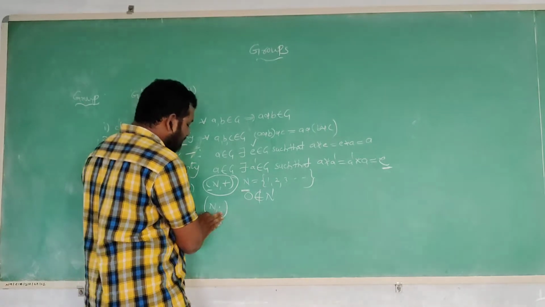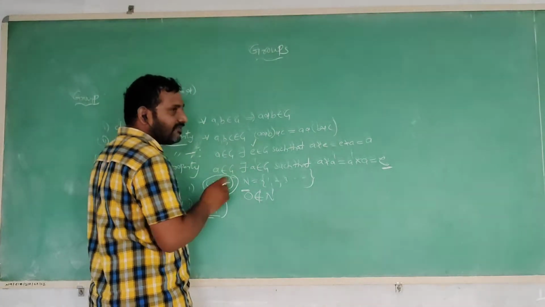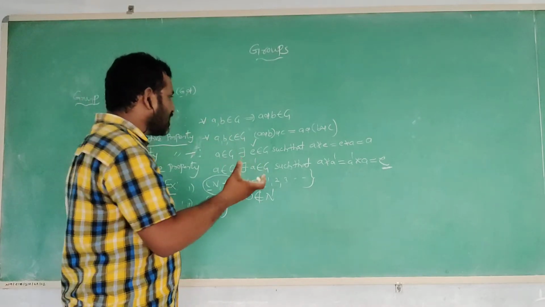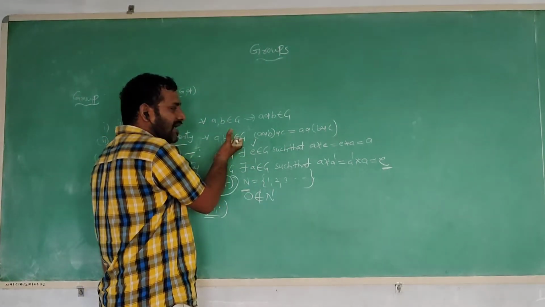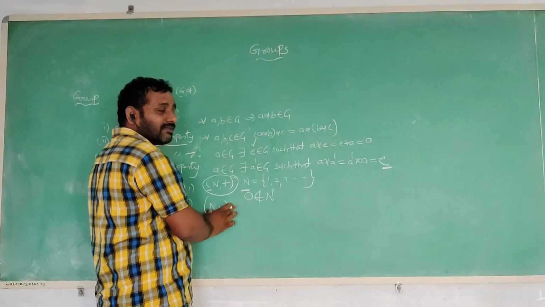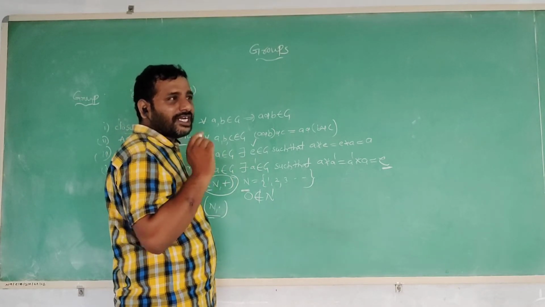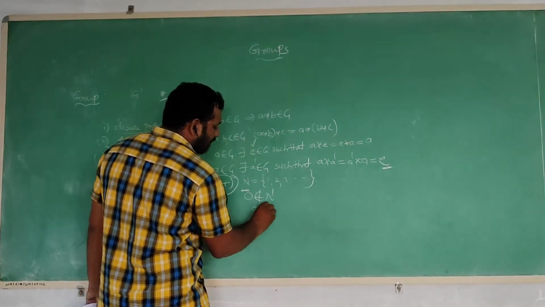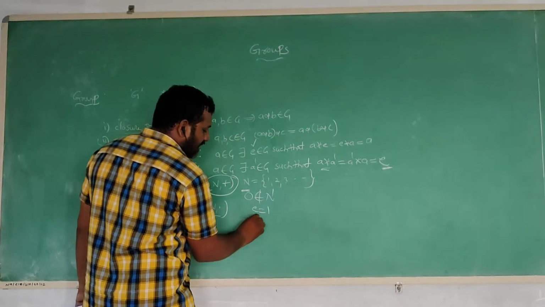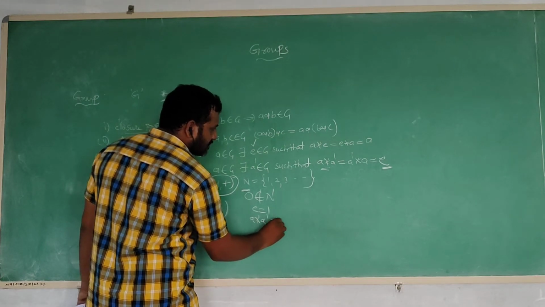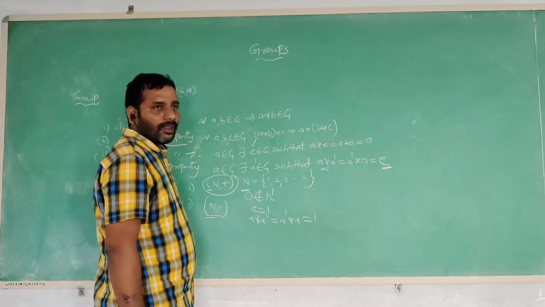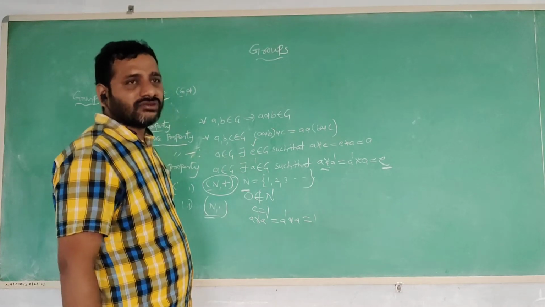Here the closure property, associative property and identity property exist in (N, dot), but the inverse property does not exist. The identity is 1. The inverse property says a star a dash equals a dash star a equals the identity, which is 1.